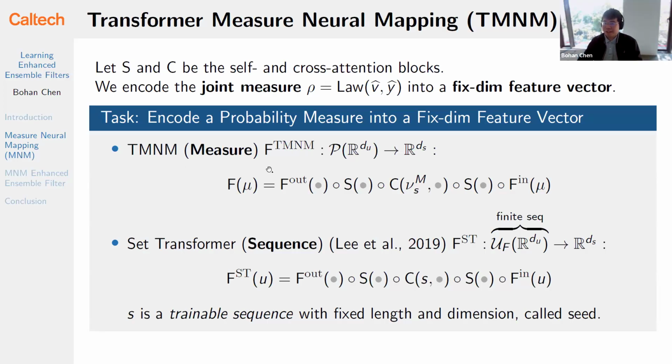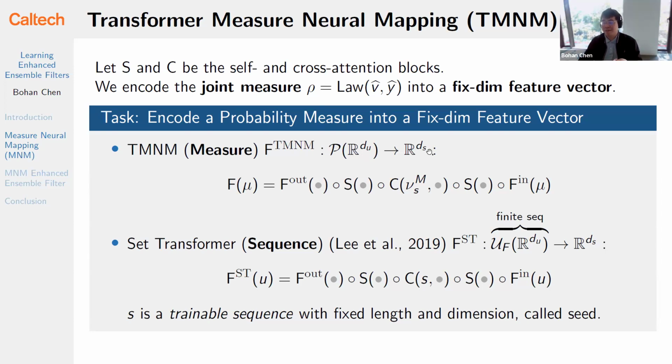To deal with this task, we introduced the transformer-based measure neural mapping. We call it FTMMM. It maps a probability measure into a fixed dimensional feature vector in R^{d_s}.